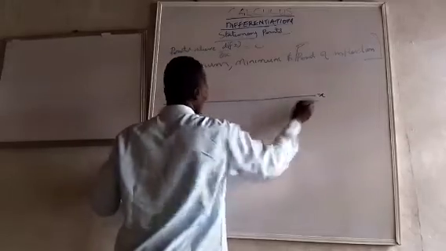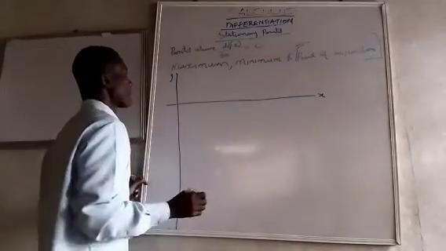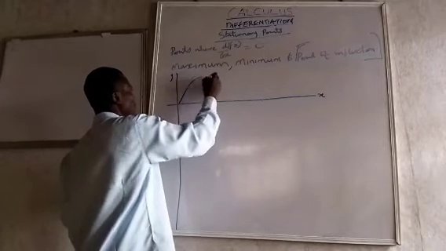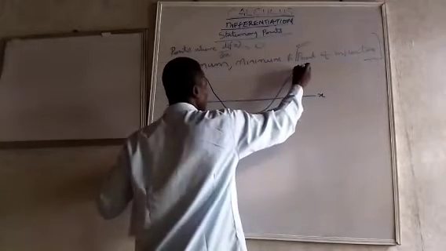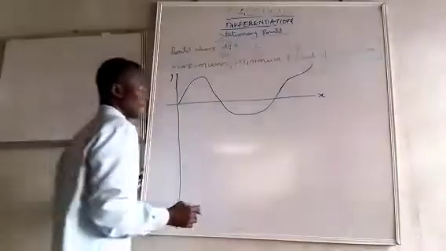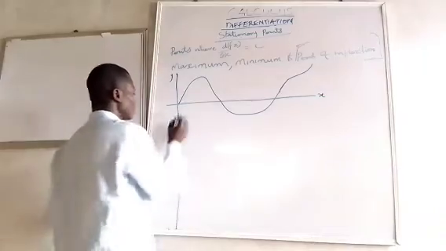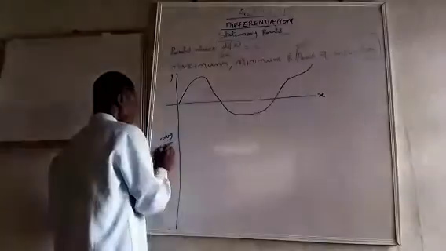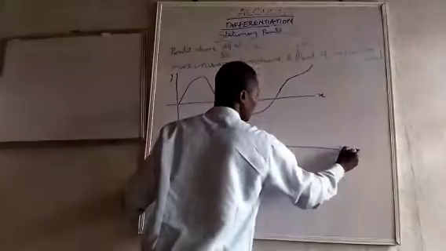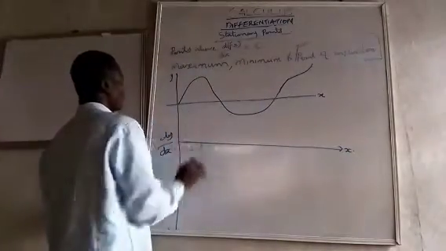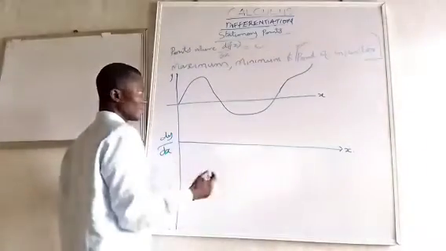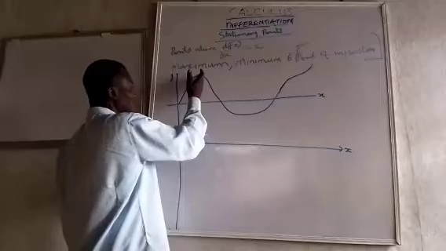Let's call this x, y. Let's draw a curve to represent it, and this is the point of inflection. Now, from our knowledge, we know something about dy/dx. When it is increasing, dy/dx is positive. When it is reducing, dy/dx is negative. So you can see this one is increasing.